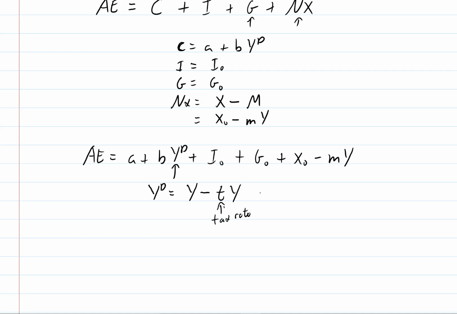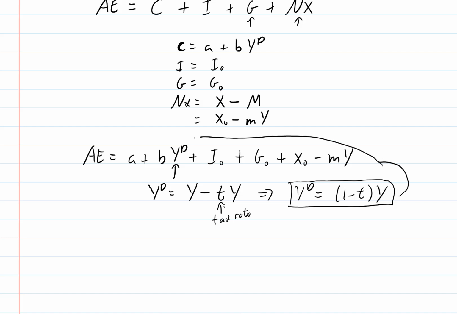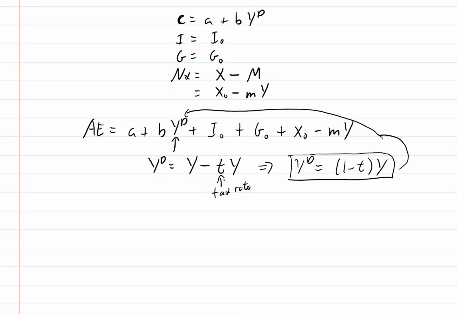So now we can simplify that a bit more, and we have YD equals 1 minus T times Y. So now we have this identity, and we can sub this in way up to here. Okay, so let's sub it in now. Aggregate expenditure equals A plus B times 1 minus T times Y plus I0 plus G0 plus X0 minus M times Y.